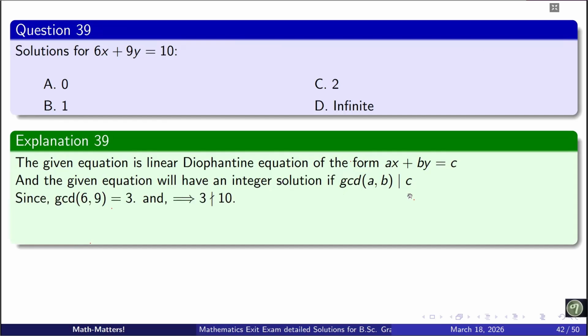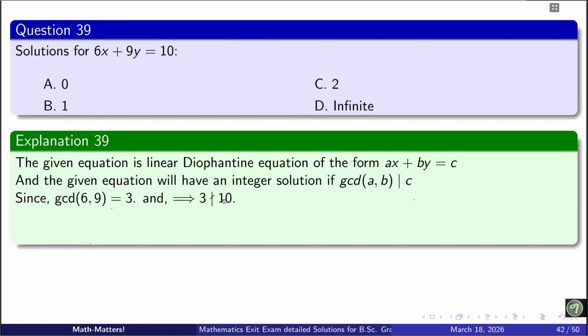Therefore, we are given the equation 6x plus 9y is equal to 10. The GCD of the coefficients of x and y, that is the GCD of 6 and 9, is 3. But 3 doesn't divide 10.